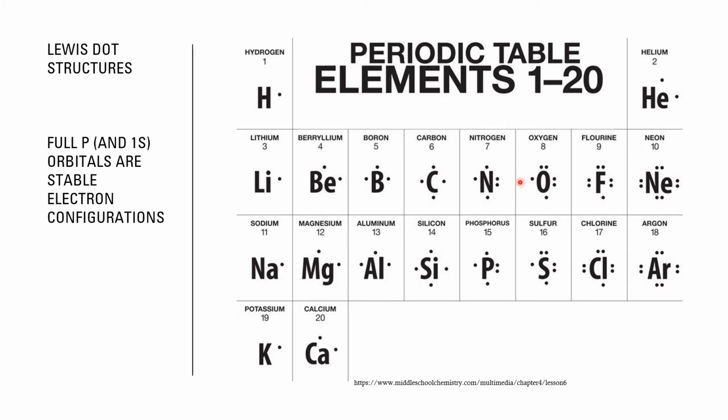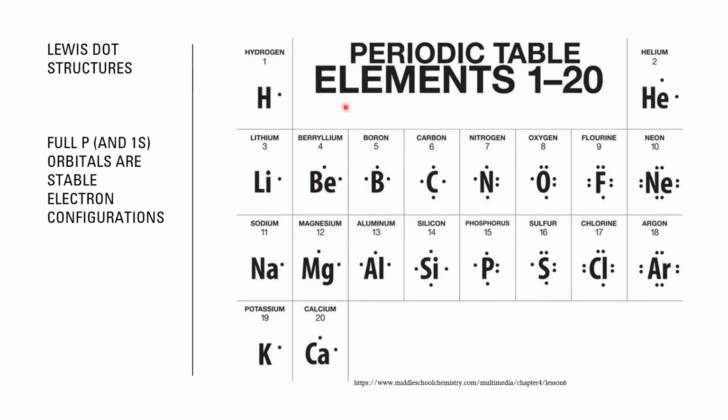To understand a lot of that though, we need to be looking at our Lewis dot structures. And these exist to help show us how many of the important electrons, or the reacting electrons, exist in each particular kind of atom. Now, we are going to start looking at this idea of full orbitals when we start talking about the formation of our bonds.